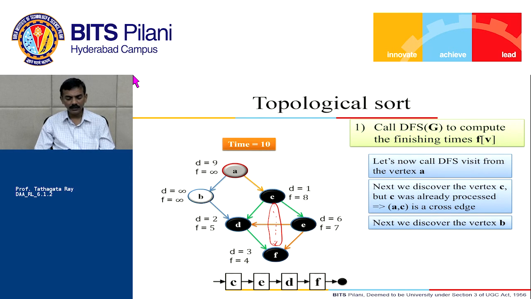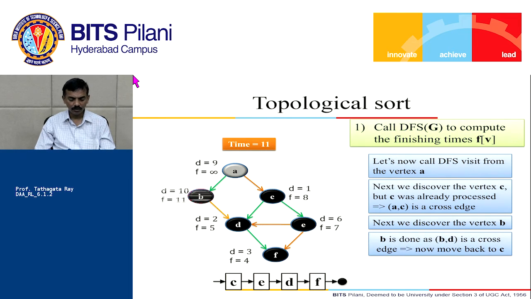Then we discover B. So we give the next discovery time to B, which is 10. If you look into any unvisited neighbor of B, there are none, so B is also done. So now it's time to give finish time to B and put it in the front of the linked list.